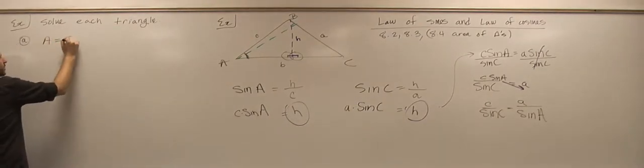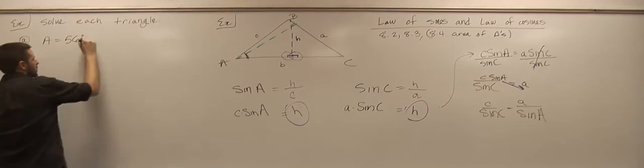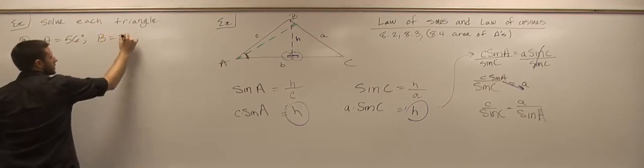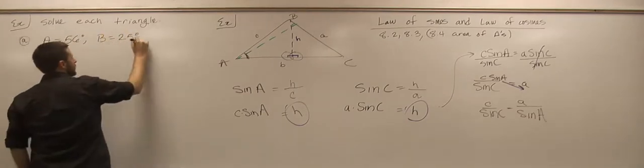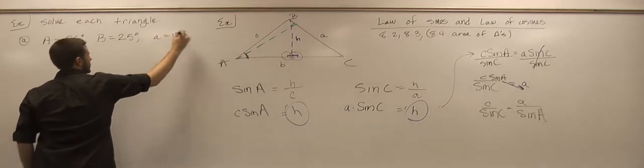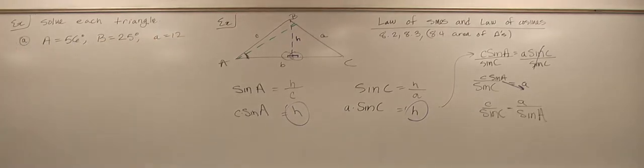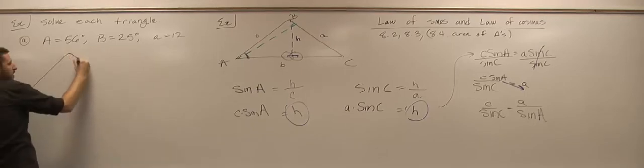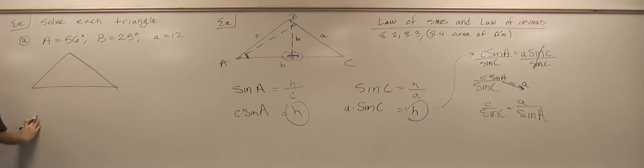So big A is the angle. Big B is another angle. And little a is a side length. So I'm going to draw a diagram to help me keep track of everything. It won't be to scale because I don't want to waste a lot of time. But let me label my side lengths and my angles that I know and the ones that I don't know, so I can keep track.